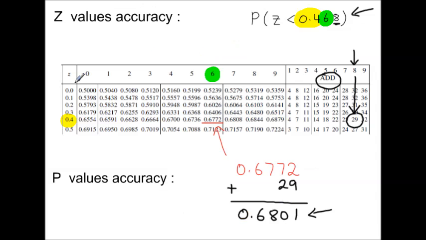And as you can see from here, the accuracy for z values is 1, 2, 3 decimal places, and for probabilities, we've got 1, 2, 3, 4 decimal places.